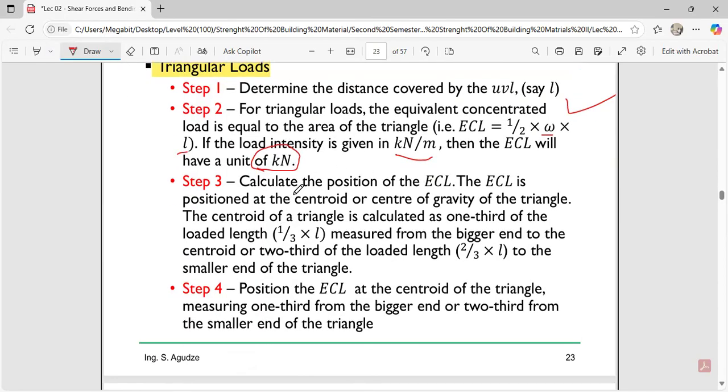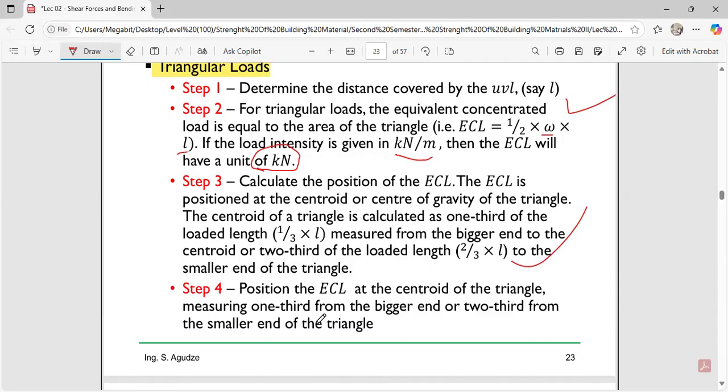In step 3, calculate the position. Step 3 always entails the calculation of the position. The ECL is positioned at the center of gravity of the triangle. The centroid of a triangle is calculated as 1/3 of the loaded length measured from the bigger end, or 2/3 of the loaded length from the smaller end of the triangle.